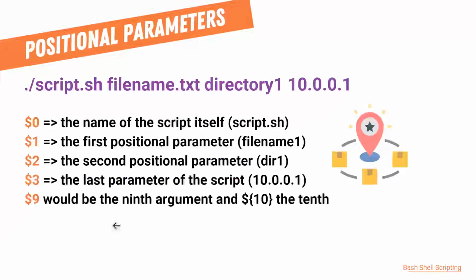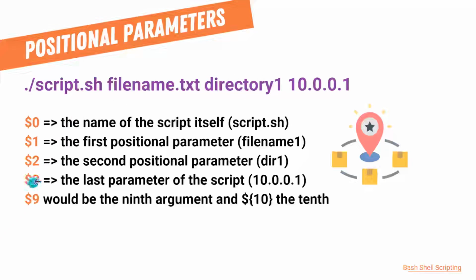Take a look here. For example, you might have script.sh and run it like ./script.sh and then a series of arguments like filename.txt, directory1, and an IP address. $1 is the first positional parameter or the first argument of the script, and it stores the value filename.txt. $2 is the second positional parameter and stores the value of the second argument of the script, which is directory1.